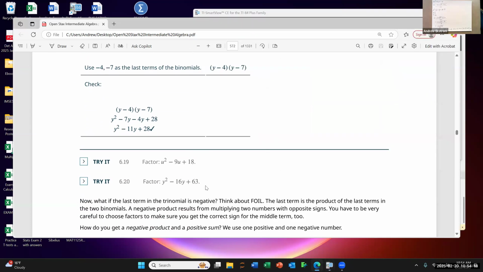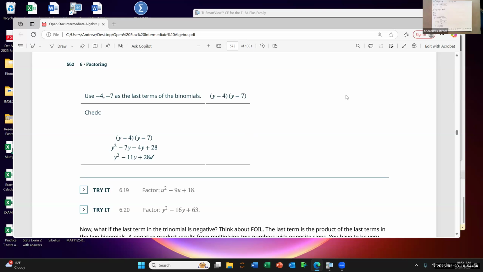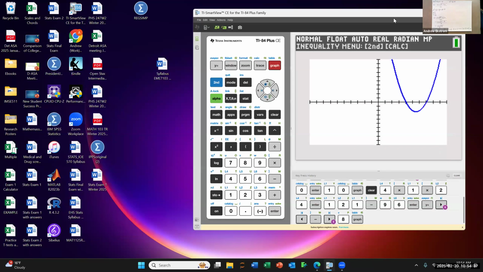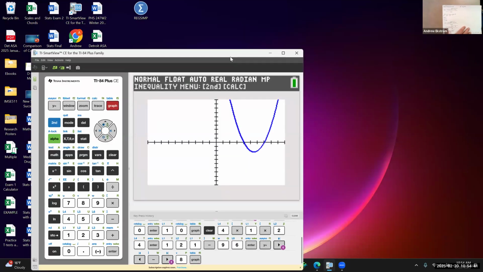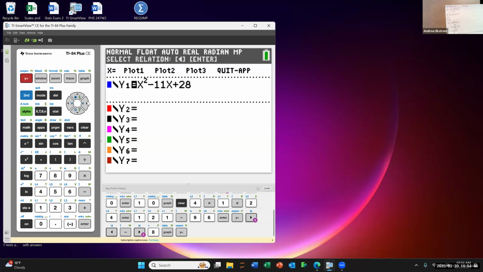So let's take a look at the equation y squared minus 16y plus 63. Again, if we want to get an idea of what the answer should be, we could plug it in and try to graph it.